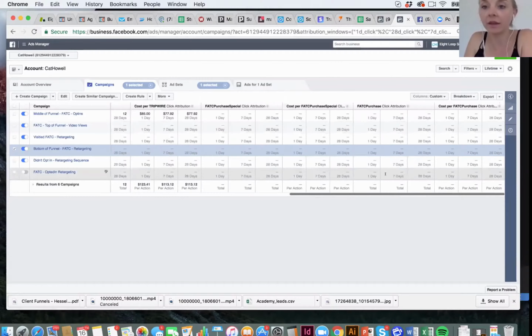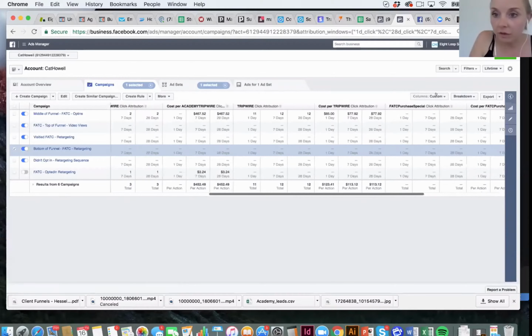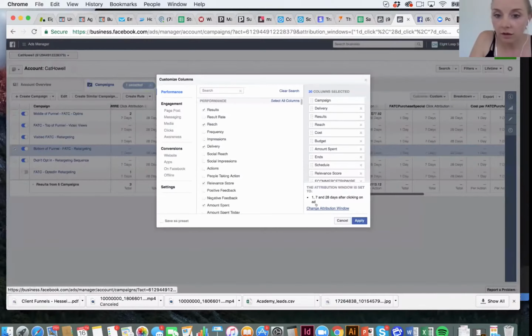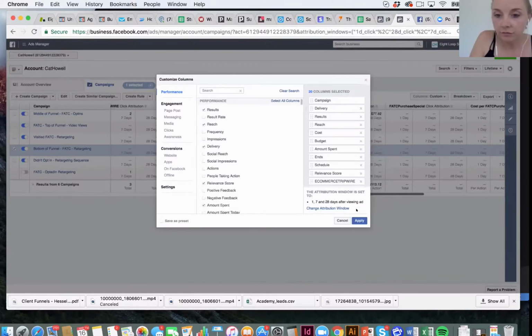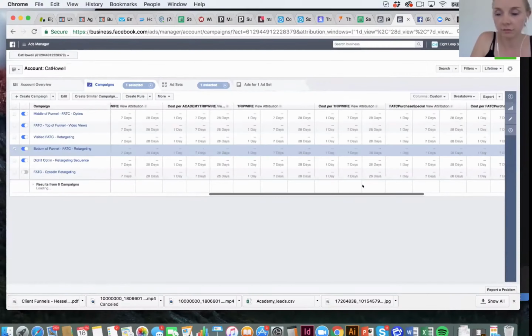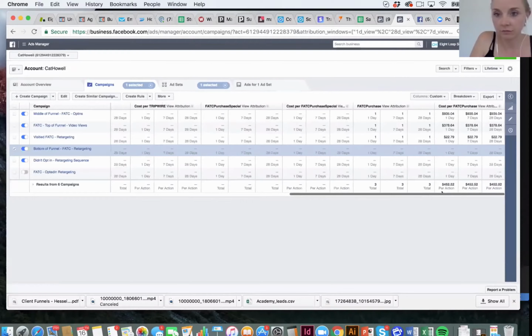So there's nothing here because we did click attribution, meaning they clicked on the ad. It didn't happen here. So someone basically, what this means, well, it all happened pretty much the day they saw the ad, they purchased it.